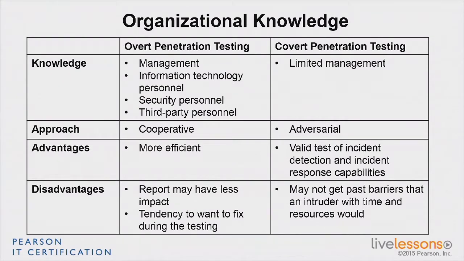The advantage of this type of testing is it's often very efficient. The disadvantage, though, is that the report may have less impact, particularly if there are any configuration changes that were made to allow the test to continue. There's also a tendency to want to fix during the testing, and so if there's a lot of changes made during the testing, it no longer is as accurate.